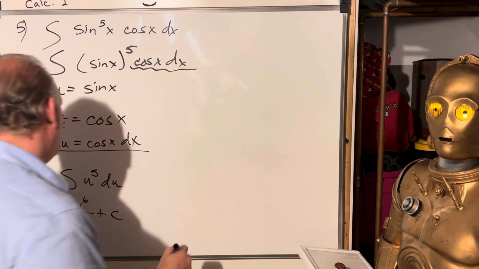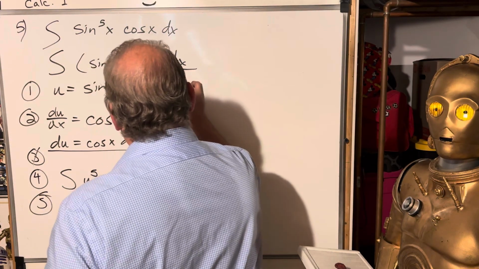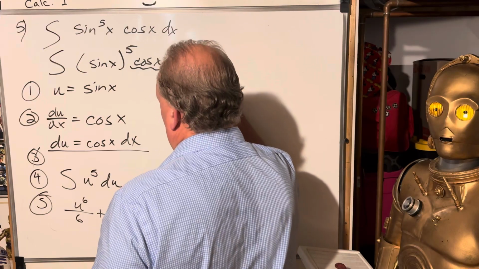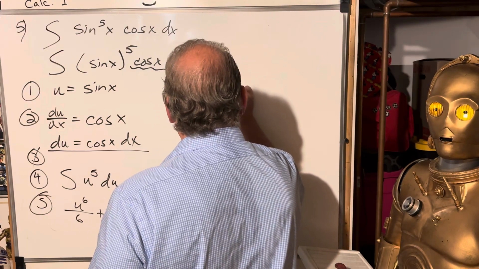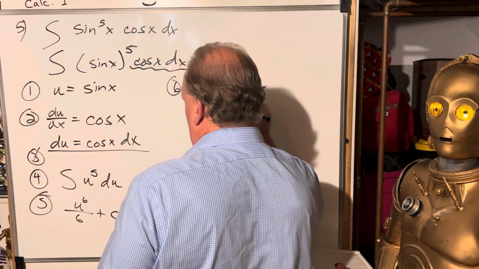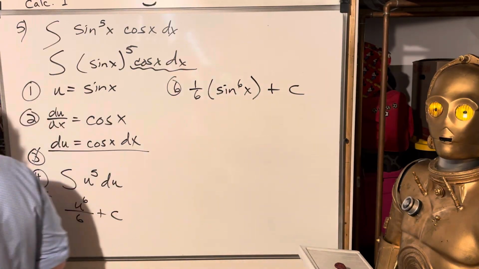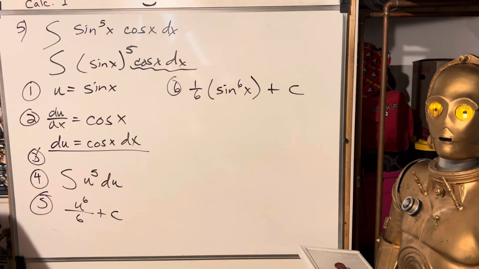And then I sub back in. Okie dokie. Here, if you sub back in like this, sine x to the 6th over 6 plus c.